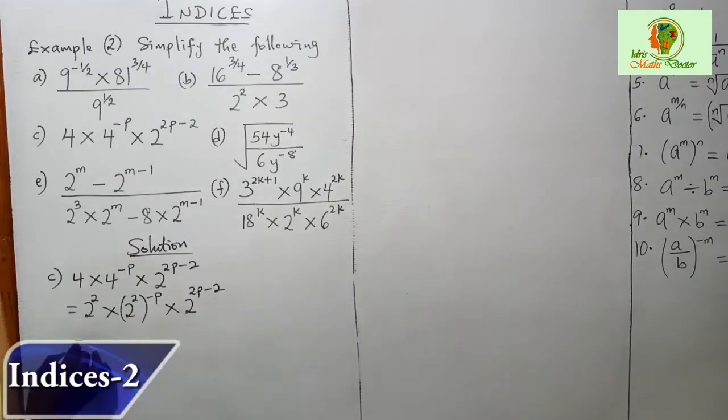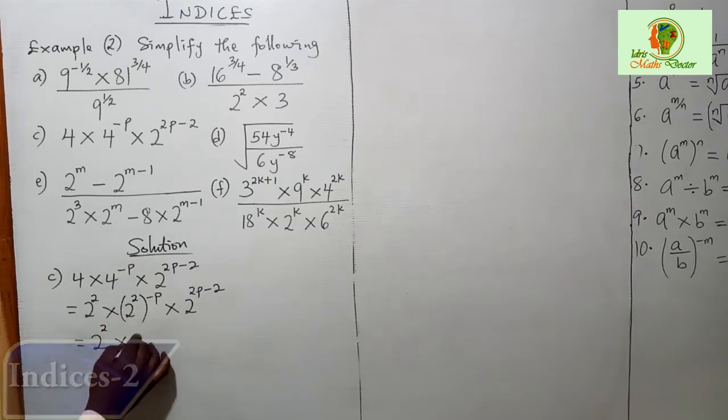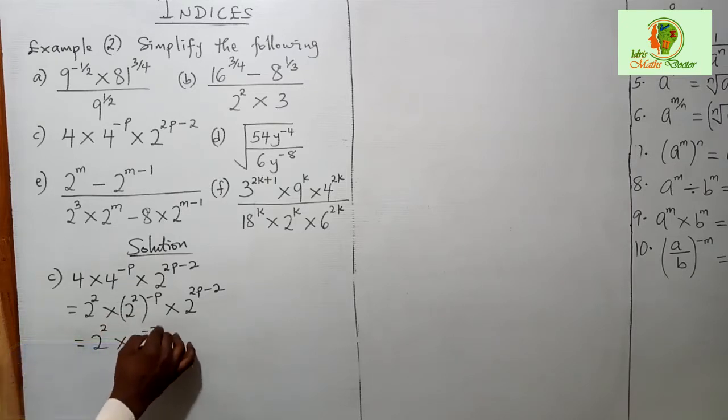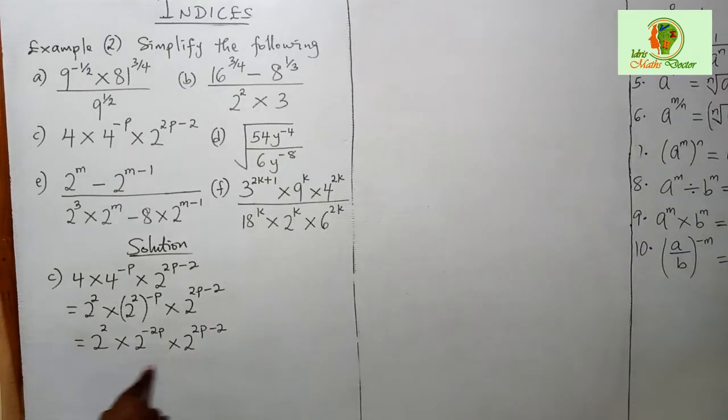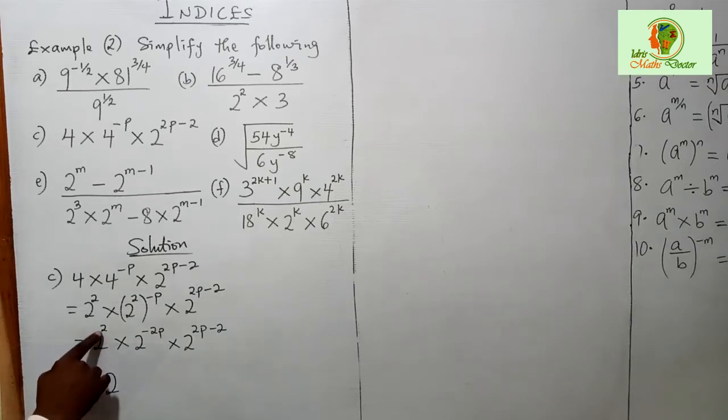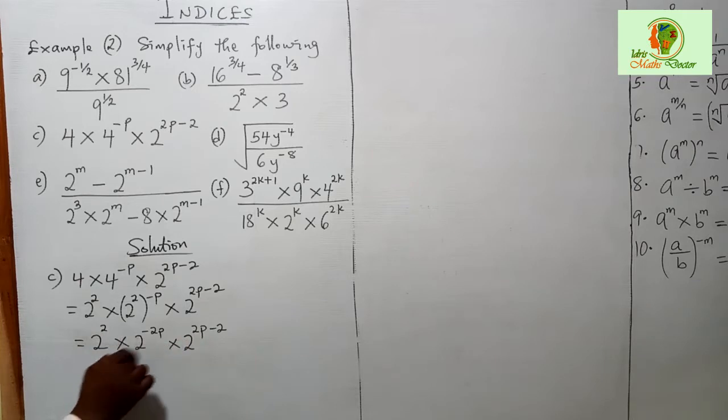Now, we need to apply law number 7 to remove the bracket by multiplying the two powers. So that gives us 2 raised to power 2 times 2 raised to power minus 2p times 2 raised to power 2p minus 2. Now, when you look at the bases, they are all the same. So we pick one among the bases, and we add the powers together since the sign is multiplication.